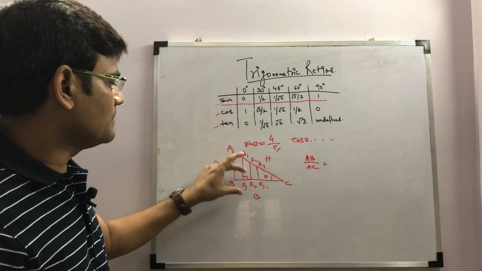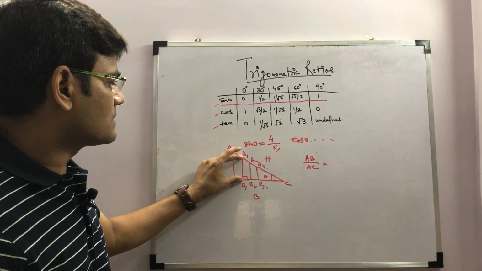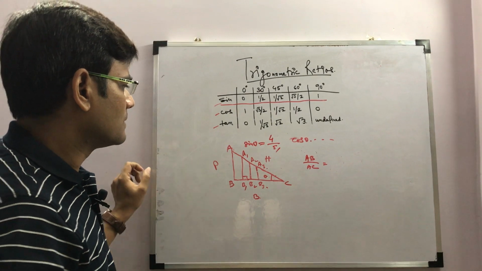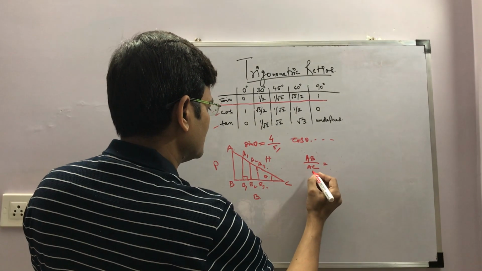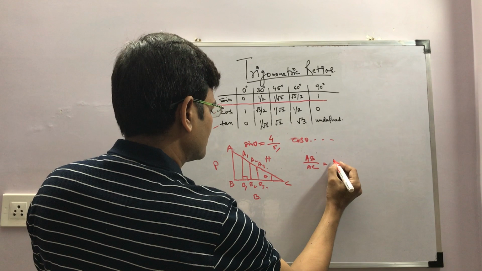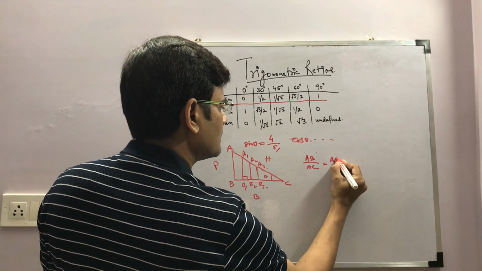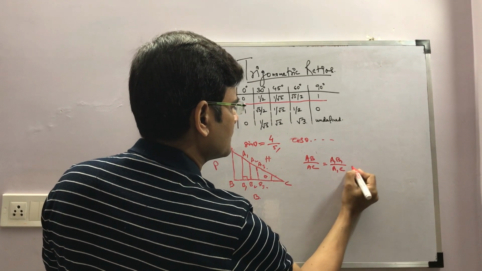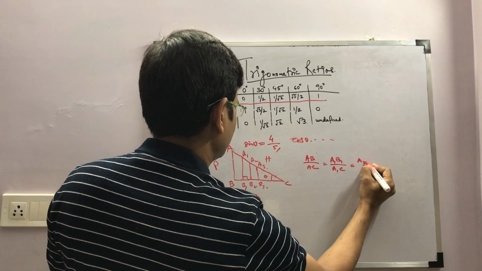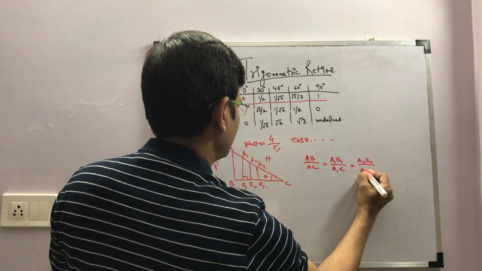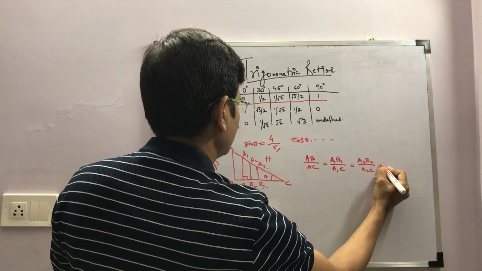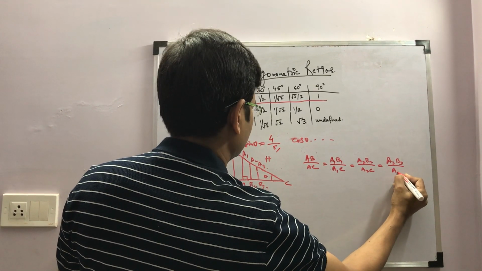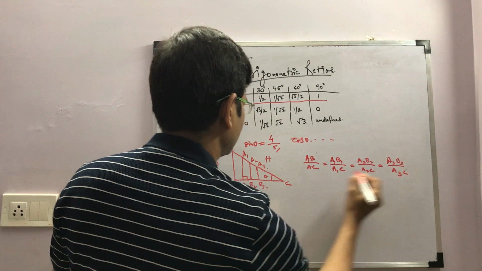If I consider A1 B1 C, then because theta remains the same, the perpendicular is A1 B1 by A1 C, A2 B2 by A2 C, A3 B3 by A3 C, and so on.